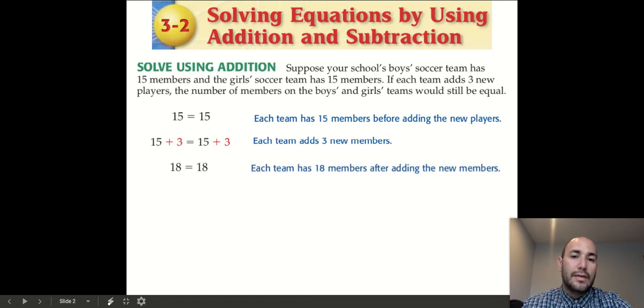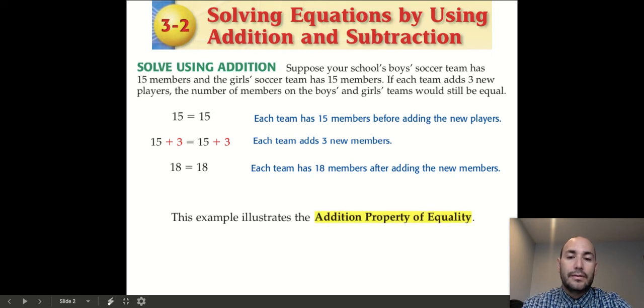So this is the idea of using the properties of equality, right? If you add the same thing to both sides, or if you add the same thing to both groups, those two things will still be equal. So this, again, exemplifies what the addition property of equality means.